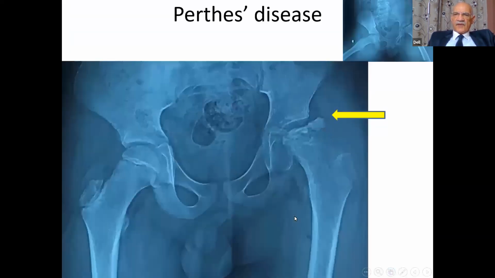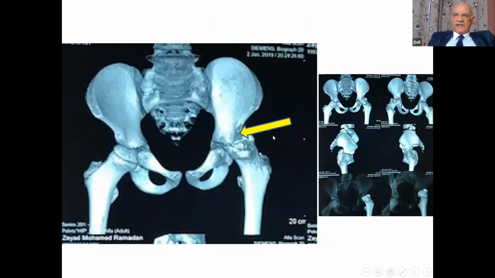This is the end picture. Again, in Perthes disease, the patient is 12 years old, and after failure of conservative treatment, there is extrusion of this fragment, as you see here, with pain and pelvic obliquity, and this is the 3D picture.